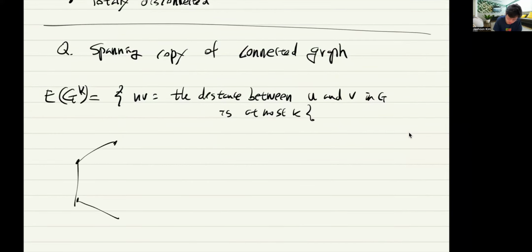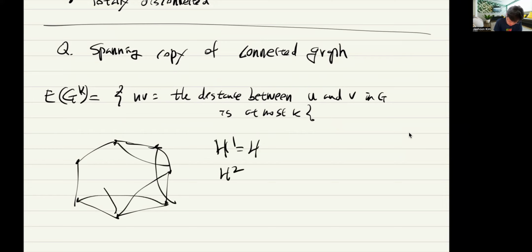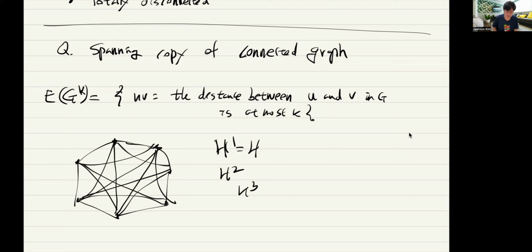So for Hamilton cycle, H to the 1 is the Hamilton cycle itself. H squared, you have to add these edges. And H cubed, you have to also add this edge. And so on.